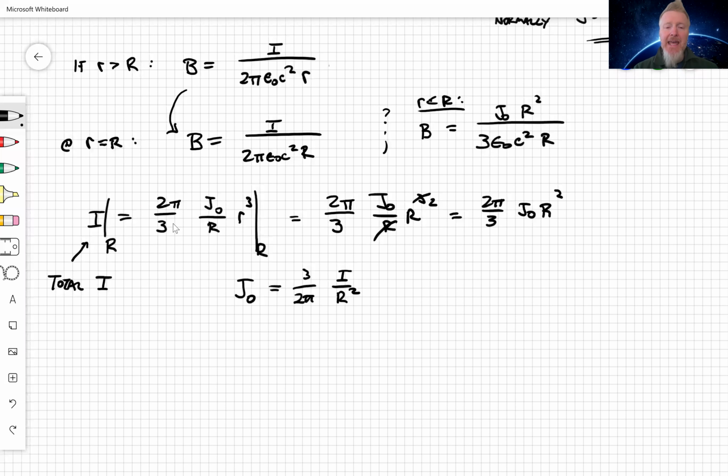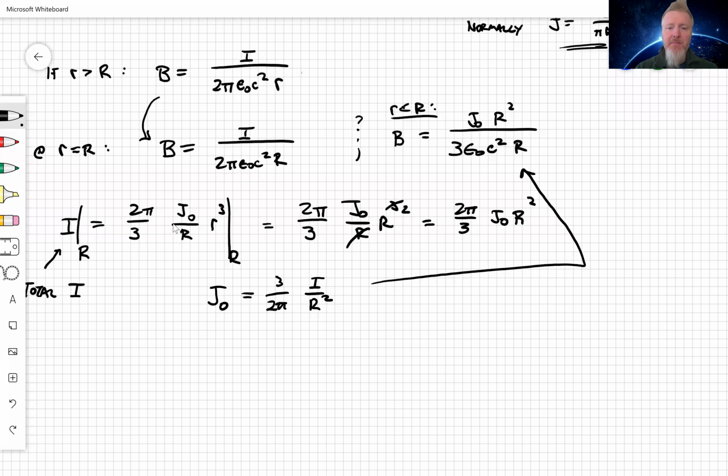So back to the matter at hand, rather than perseverating on this, I want to take this thing and put it up into there. So now that B is 3 over 2 pi I over capital R squared multiplied by R squared. That thing right there in the parentheses is now J naught, right? So now the R squareds are going to go away here and here.